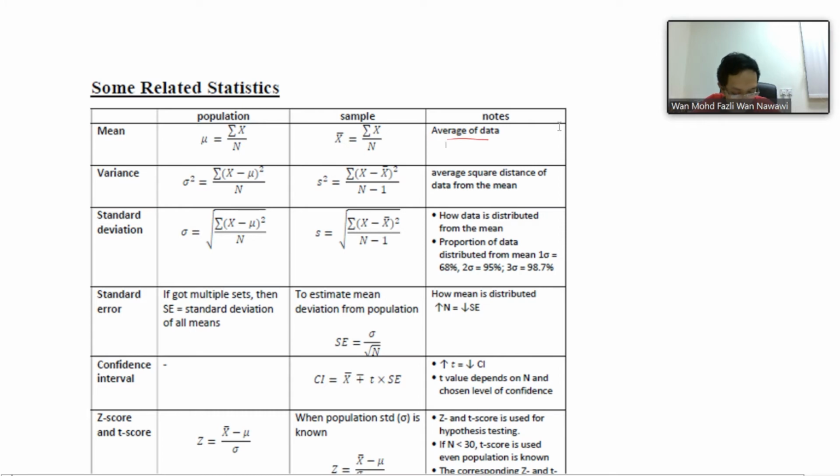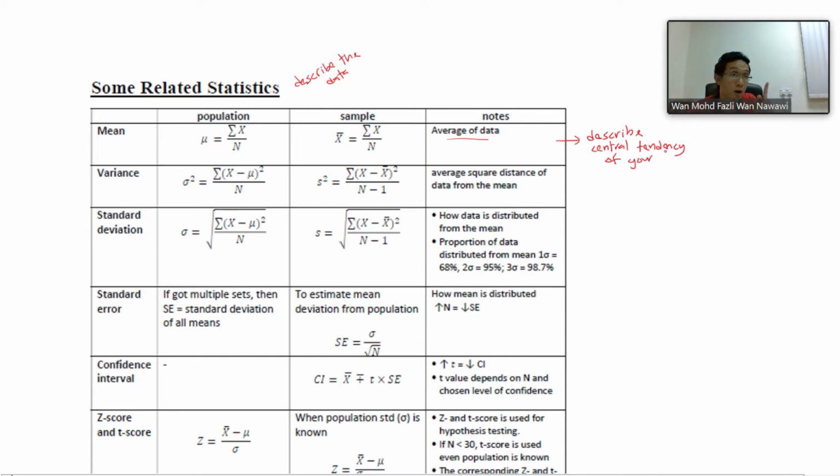So this describes the data. Whatever these are, they describe the data. The mean describes the central tendency of your data.